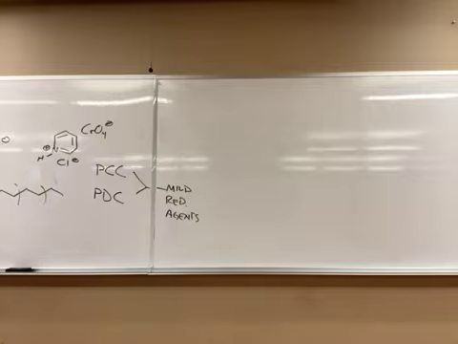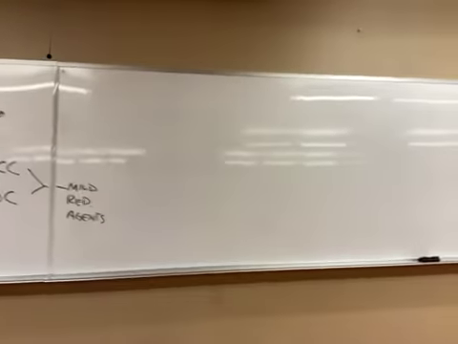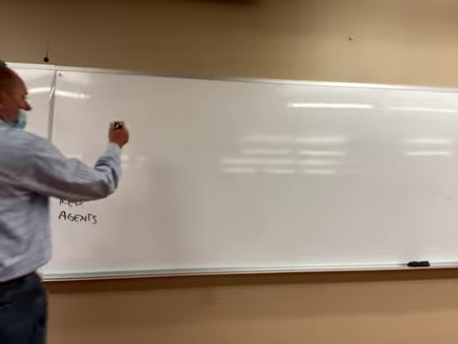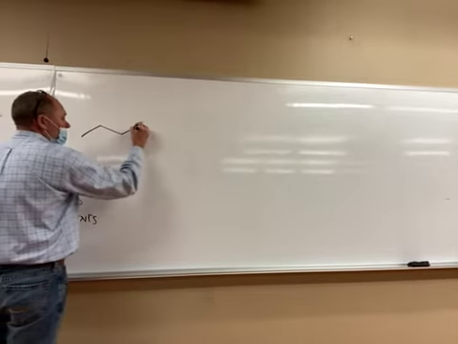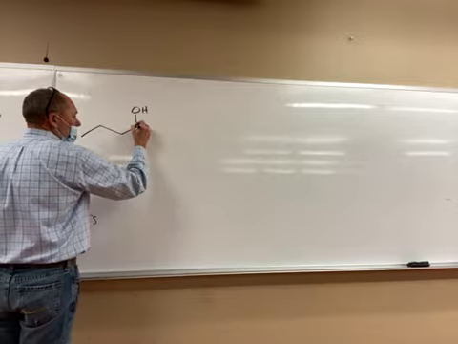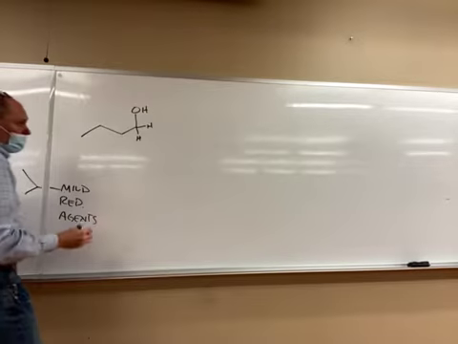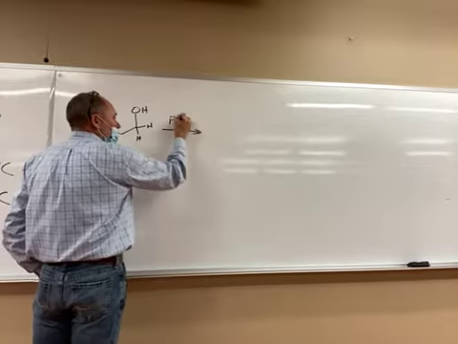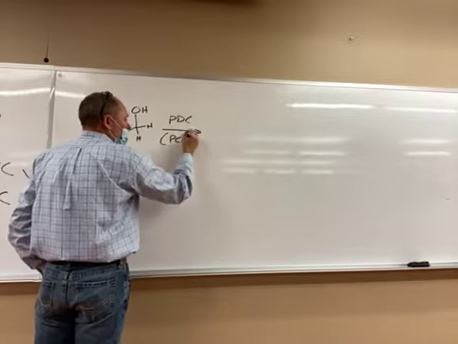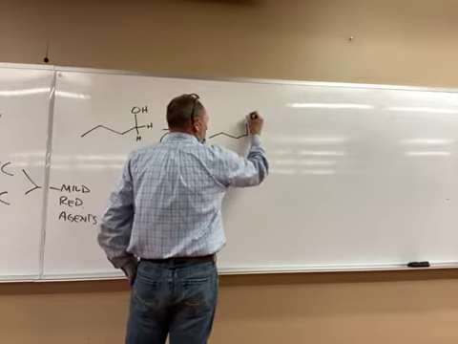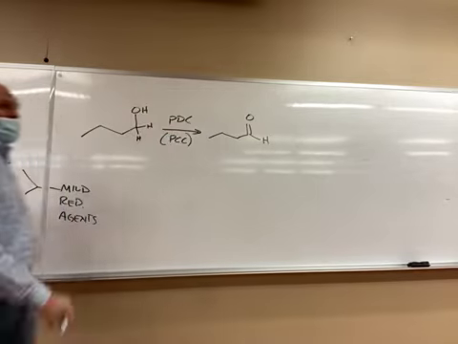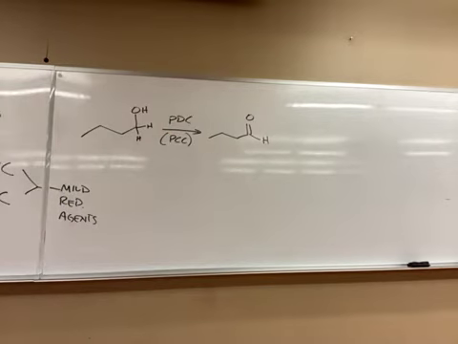So if I take a primary alcohol and I hit it with PDC or PCC, it's going to go to the aldehyde. Okay? They're not strong enough to take off that sp2 proton, so they're considered mild. Good?